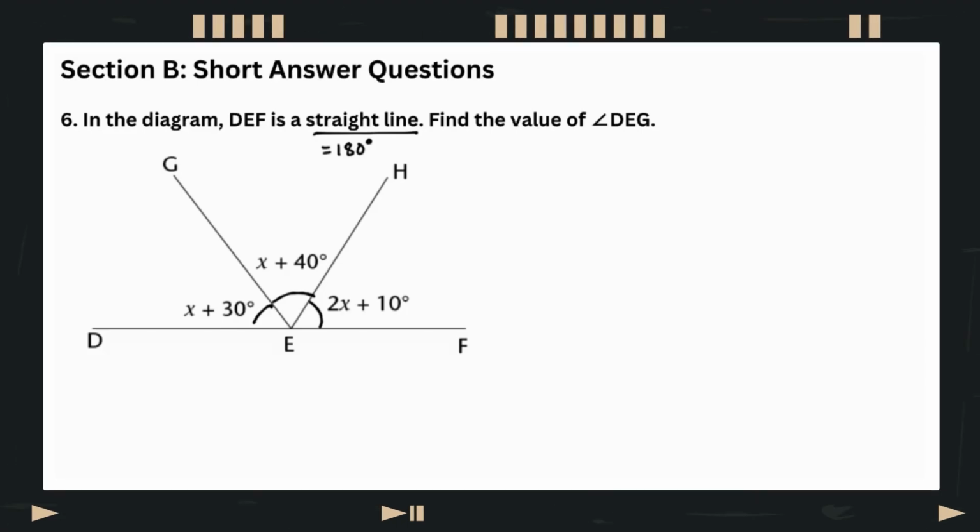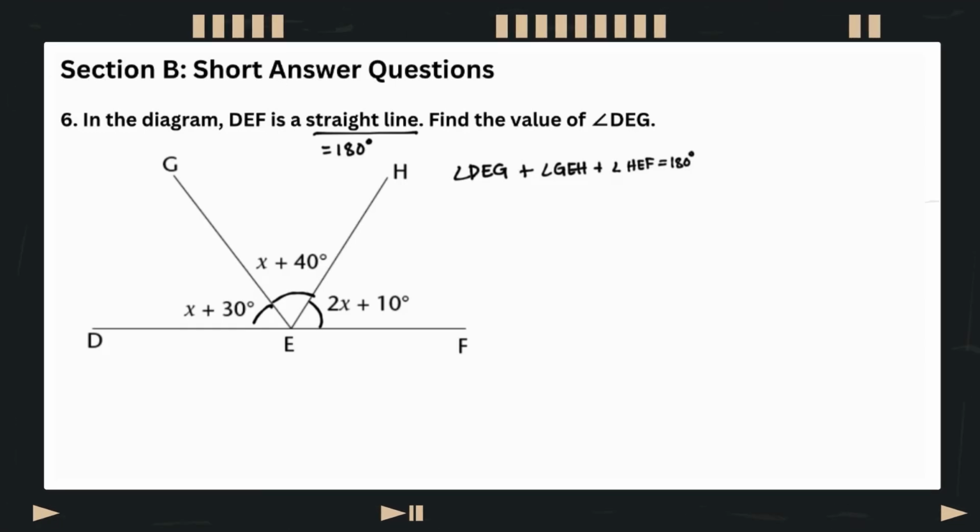Let me write that down: angle DEG plus angle GEH plus angle HEF is equal to 180 degrees.